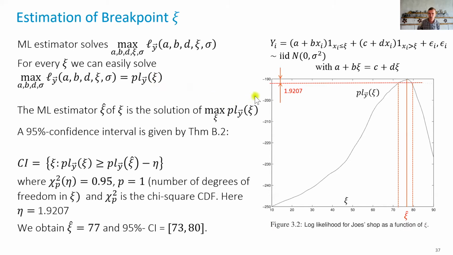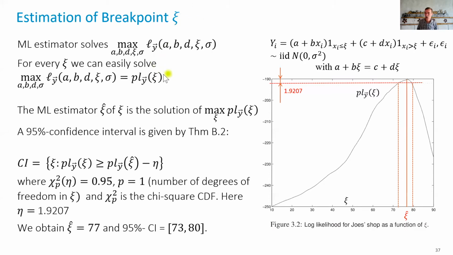I can do brute force things by plotting this function, PL of xi, which is what I did here. So here, for every value of xi, I do what I did a minute ago. A minute ago, I said xi is equal to 70, and let me solve the problem. So I solved the problem and computed the likelihood. You remember from last week that we saw that least square problems have the property that we know how to solve the optimization problem, but we know also how to get the optimal likelihood from the optimization problem.